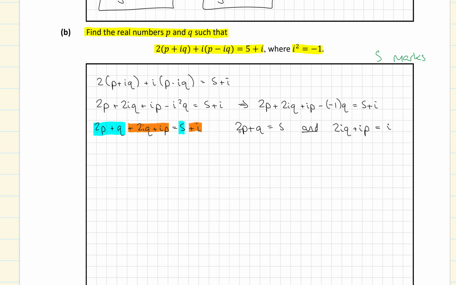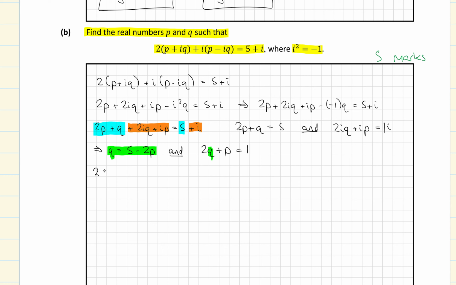Okay, so if we check this equation here, I can rewrite in terms of q. So we have q is equal to 5 minus 2p. My other equation, I'm going to drop the i's as they're common, so I'm left with a 1 here on the right hand side. So I get 2q plus p is equal to 1. Now I know I've gone and rewritten q, so I can substitute it in here.